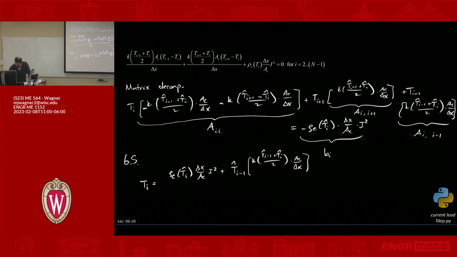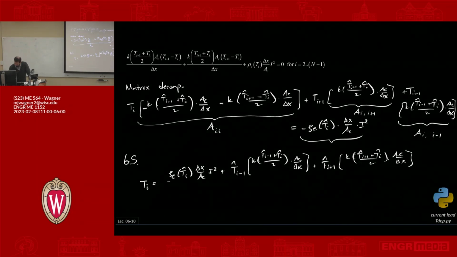All right. And then, sorry, I'm running into my other stuff here. Let me just move this out of the way. All right, then we have our Ti plus 1. So T hat i plus 1 times K, T hat i plus 1 plus T hat i divided by 2 times AC over delta x.